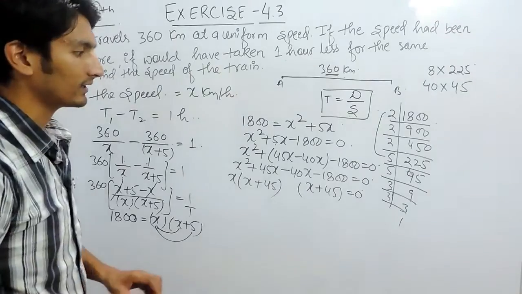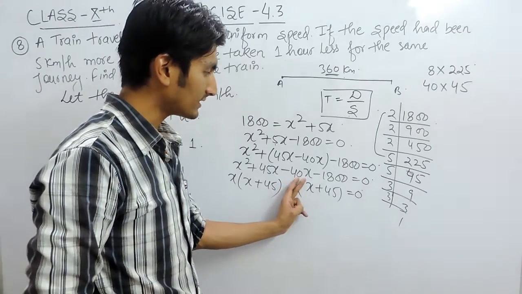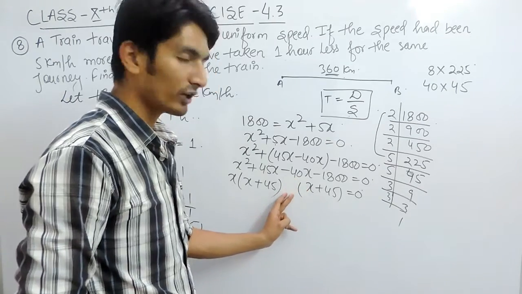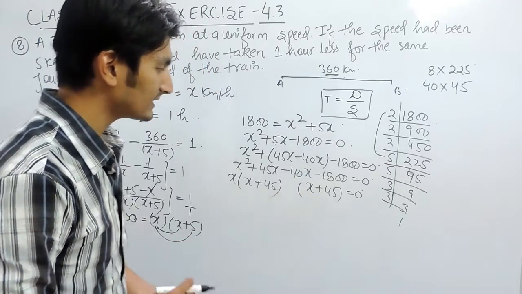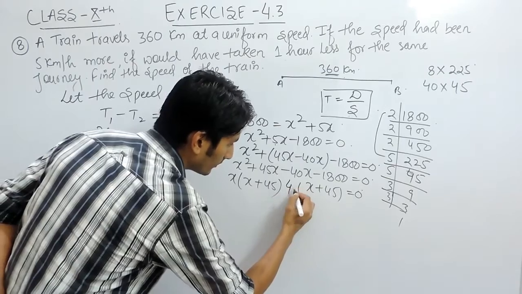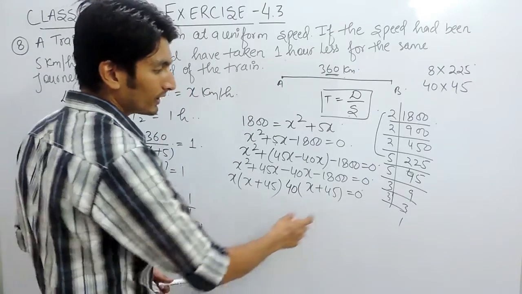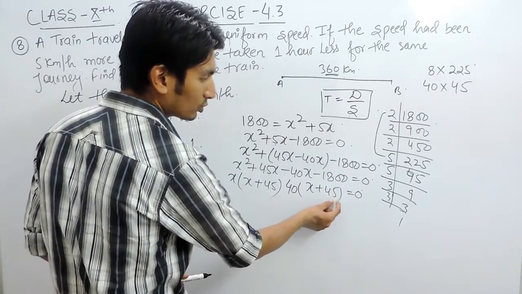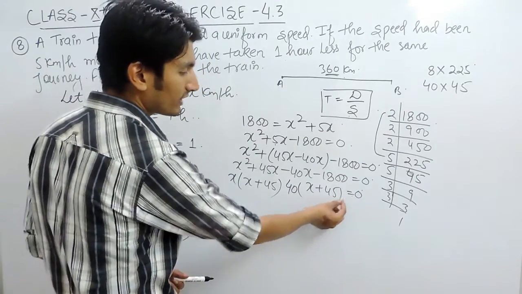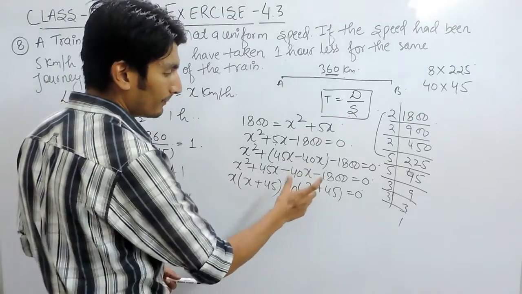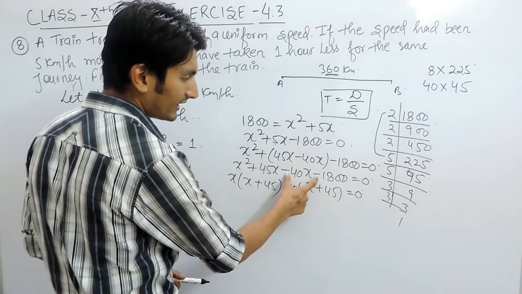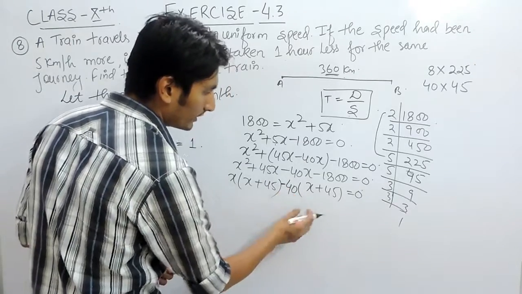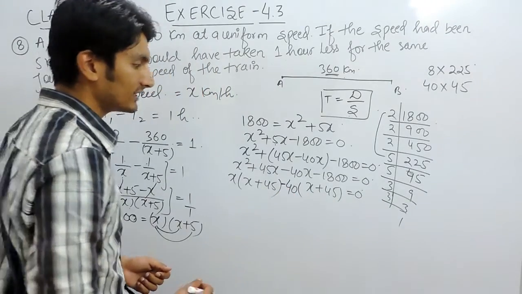Here it is 40x, and you have to make it x, so we take 40 common, and from the 1800 one factor 40 is taken out, so only the other factor, 45, will remain inside the bracket. But here there is a negative sign and you have to make it positive, so if we take minus 40 as common, both signs change inside the bracket.